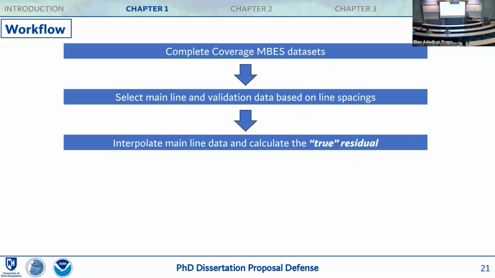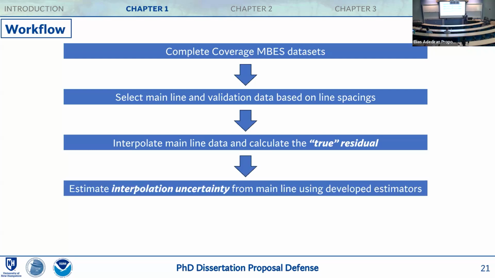Once we interpolate the main line data set, it's easy for us to calculate the true residual by subtracting the complete coverage surface from the interpolated surface. That true residual is really what we are trying to estimate. It is known here because we are taking advantage of a full coverage data set. But in real life, we won't have the luxury of this validation data set.